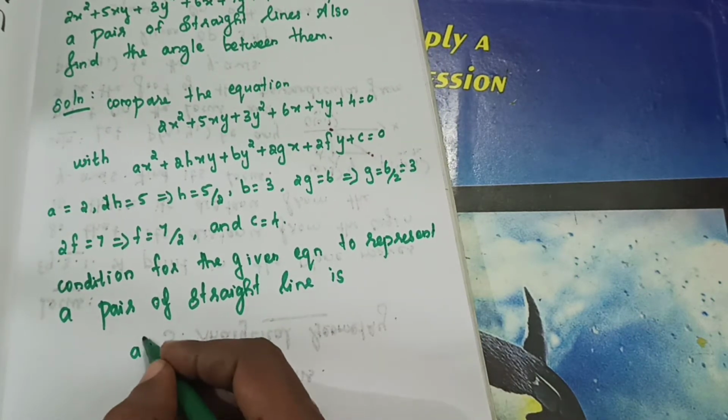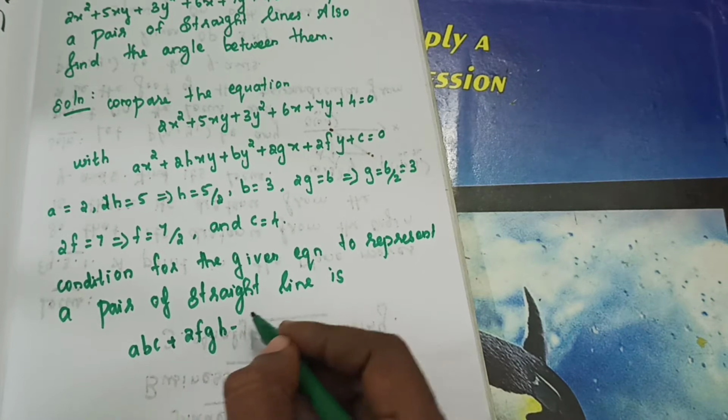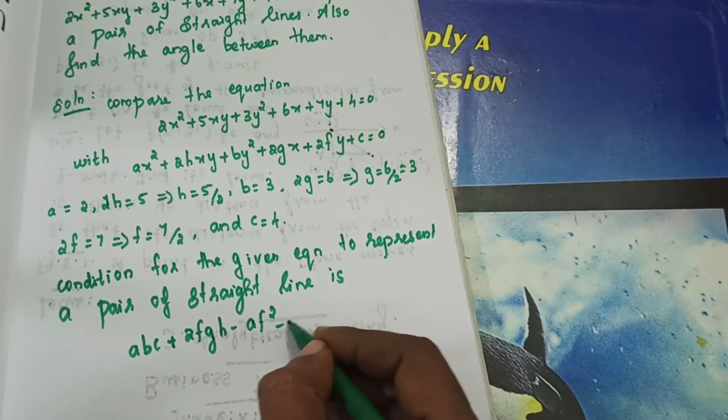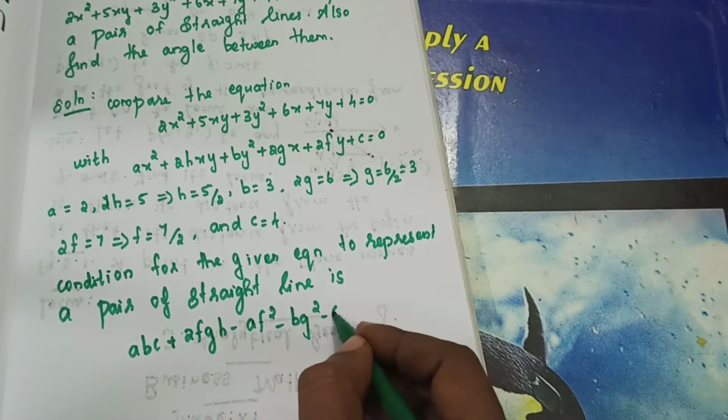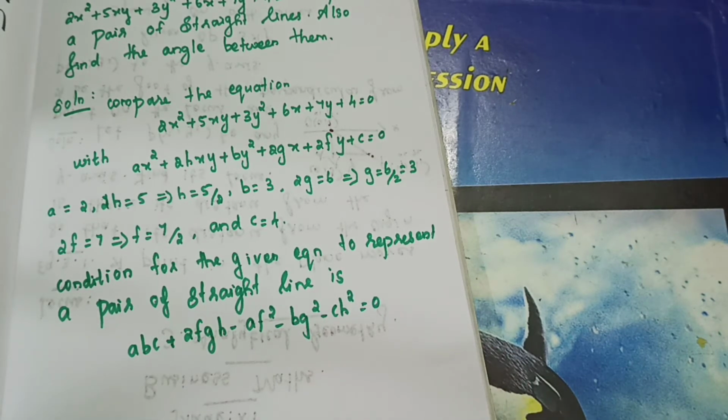I am writing the condition: abc plus 2fgh minus af square minus bg square minus ch square is equal to 0. In the first class when I started analytical geometry, I said this chapter is very easy, but you need to learn something here. This one we need to learn. That's the condition of a straight line.